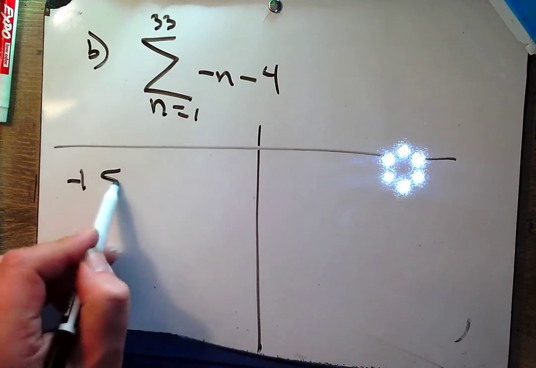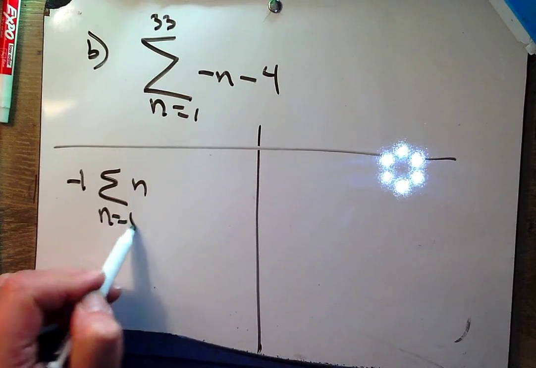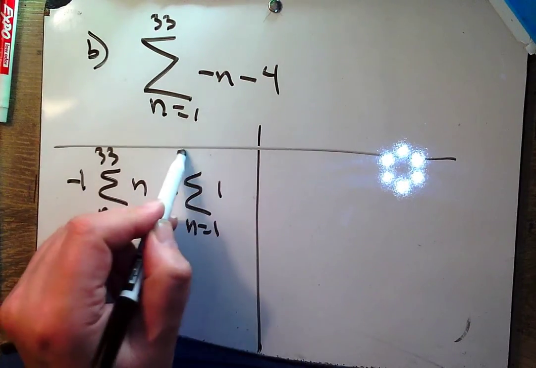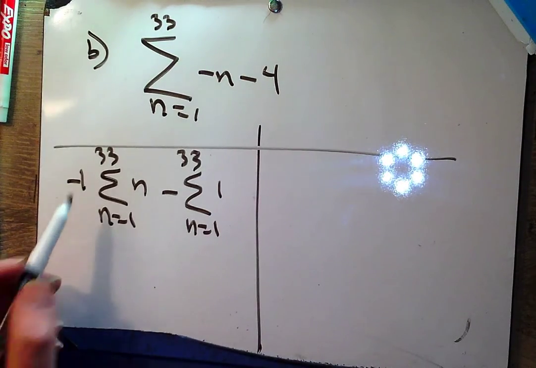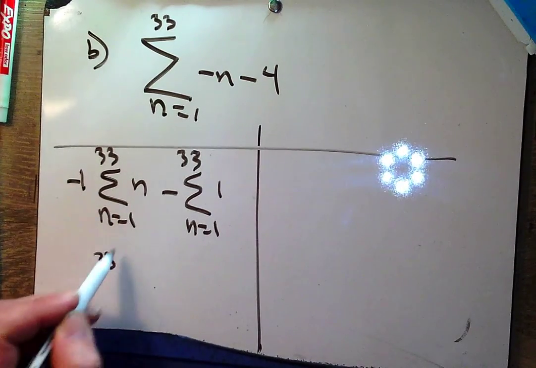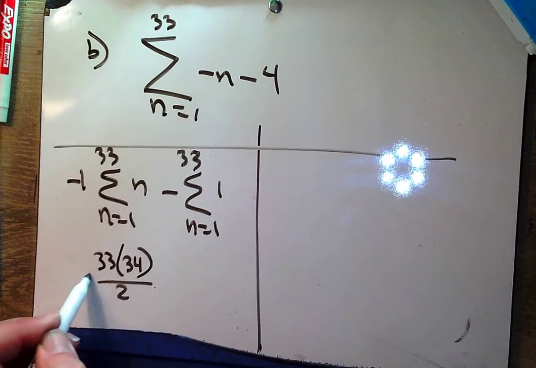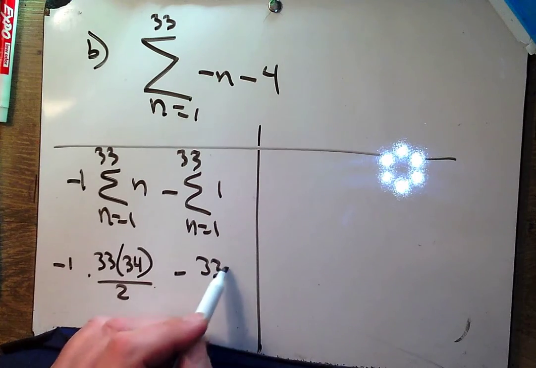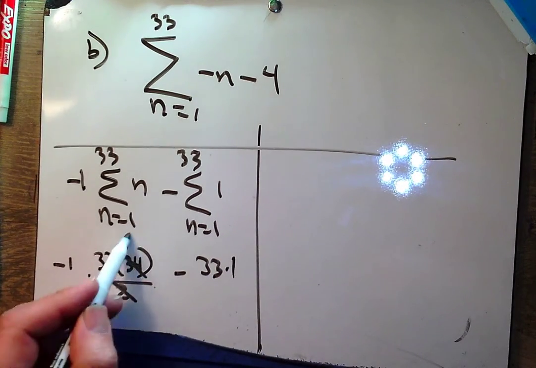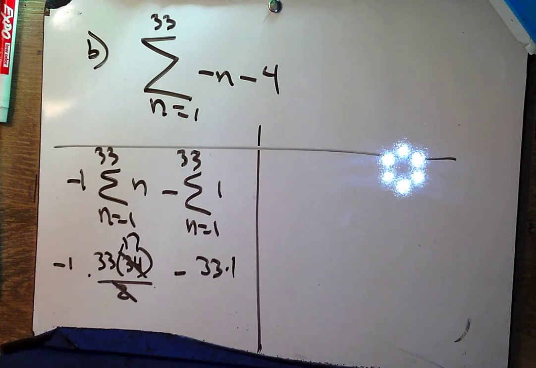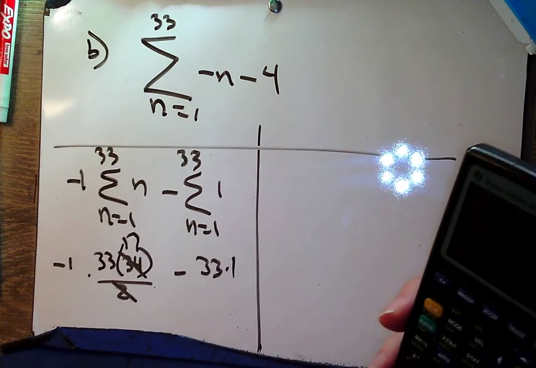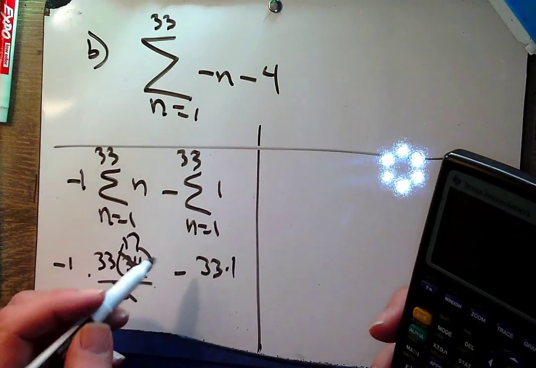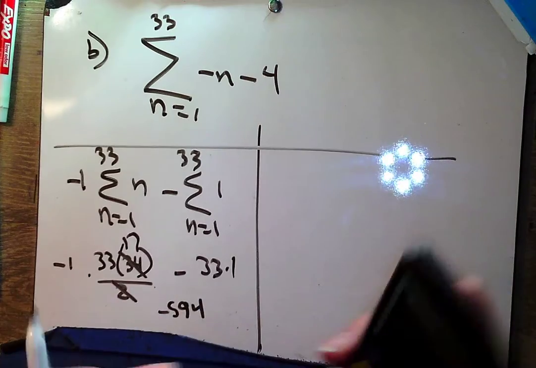We've got negative 1 times the sum from n equals 1 to 33 of n, minus the sum from n equals 1 to 33 of 4. So my sum here will be 33 times 34 over 2 times that negative 1, minus 4 times 33. It'll cancel. Okay, so I have negative 17 times 33 minus 33, and that gives me negative 594.